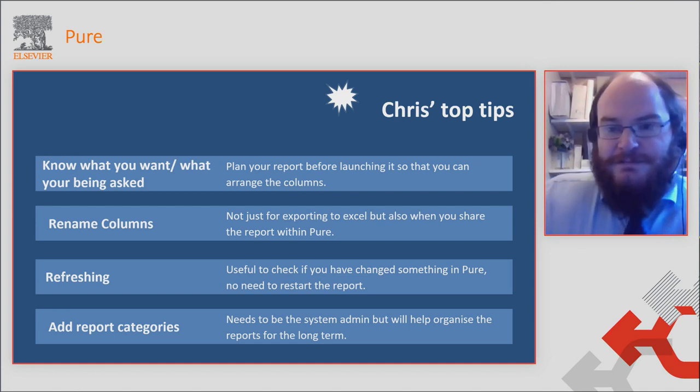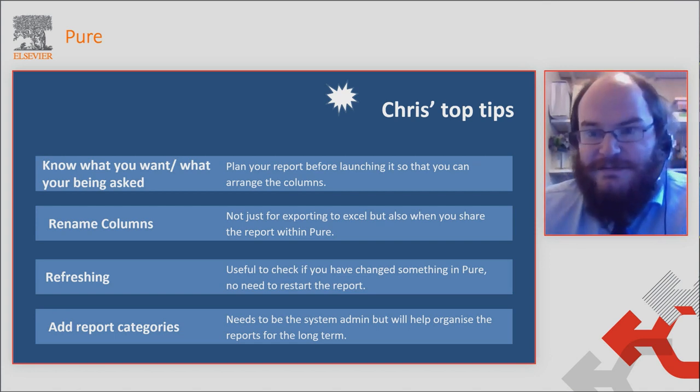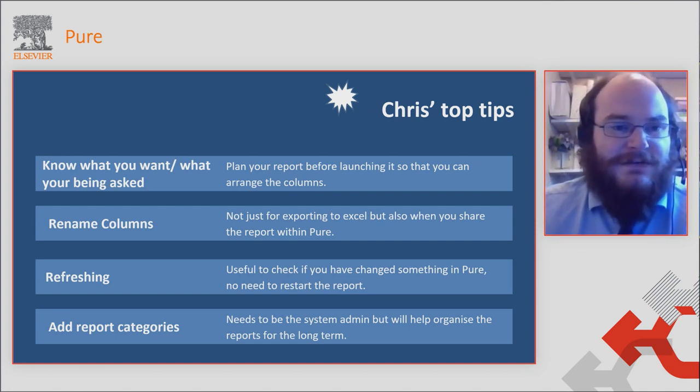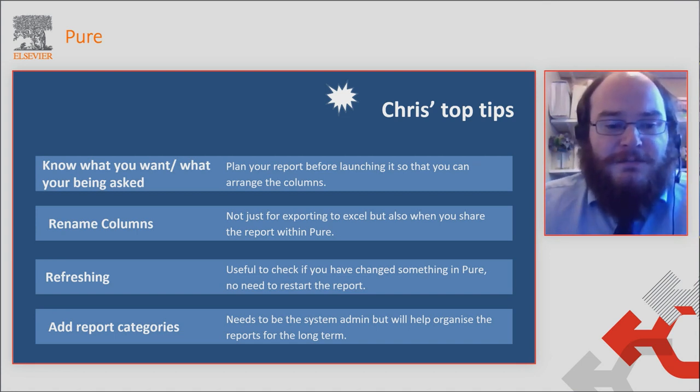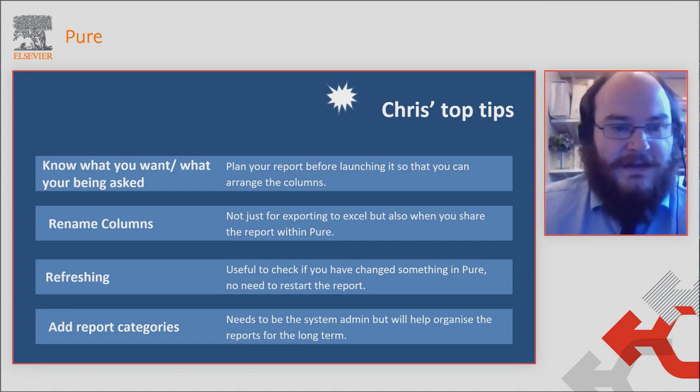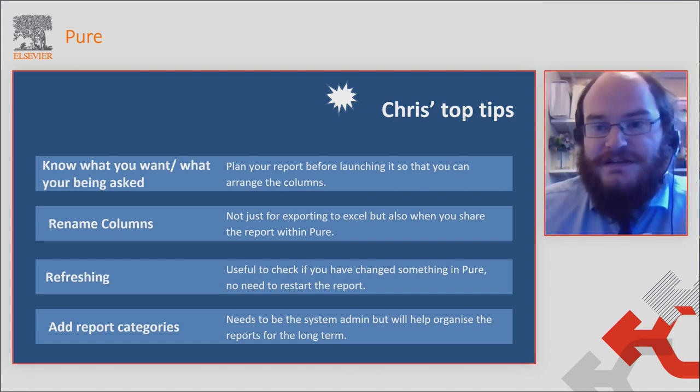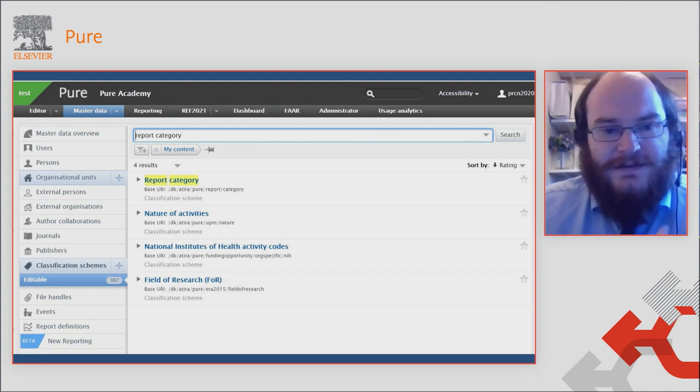Then adding report categories. This is an admin level thing, so it's for anybody for institutions and things. Elsevier has provided us a default list of categories for the ref module so that you can select which categories things go in. I found that it's somewhat limiting in what we do, so I looked to add some specific categories to help us categorize things.